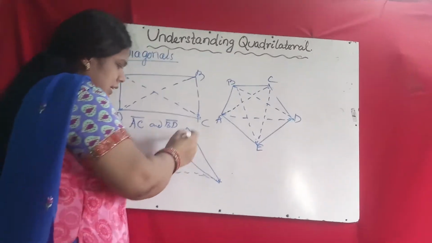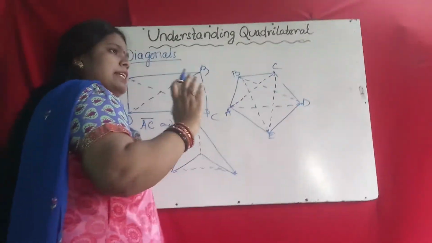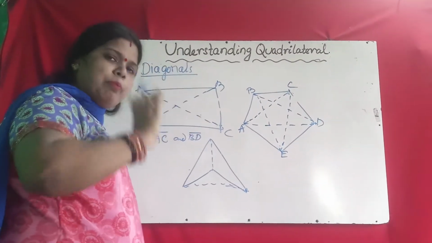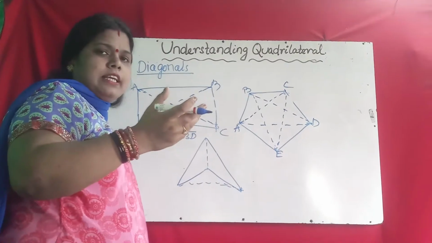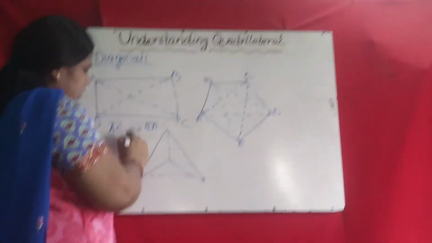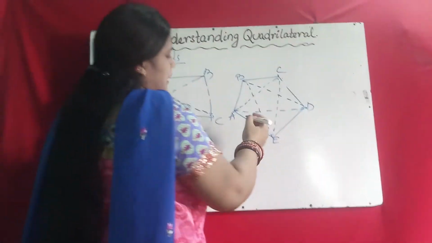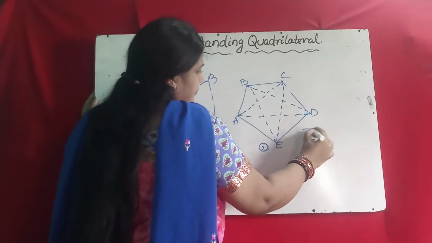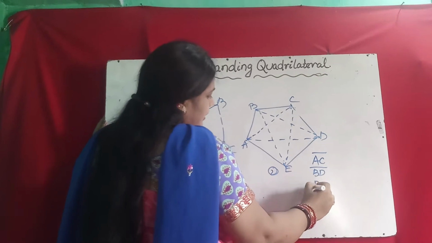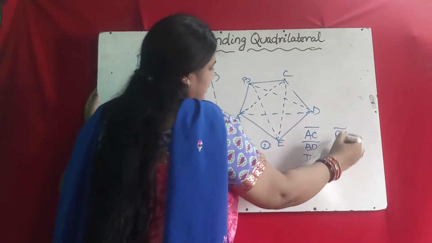Then there is another polygon with 4 sides. Sometimes the diagonals are not always made inside a figure or polygon. Sometimes the diagonals can be made outside the polygon. So this is figure 1, and suppose this is figure 2. Here if you name the diagonals, what did you make? AC, BD, then DA, then EB, then AD.